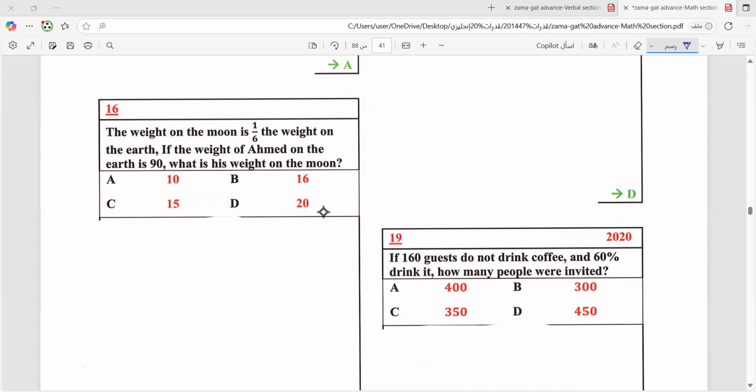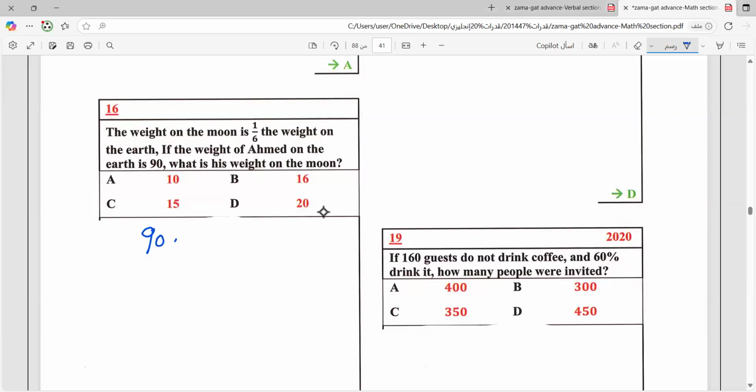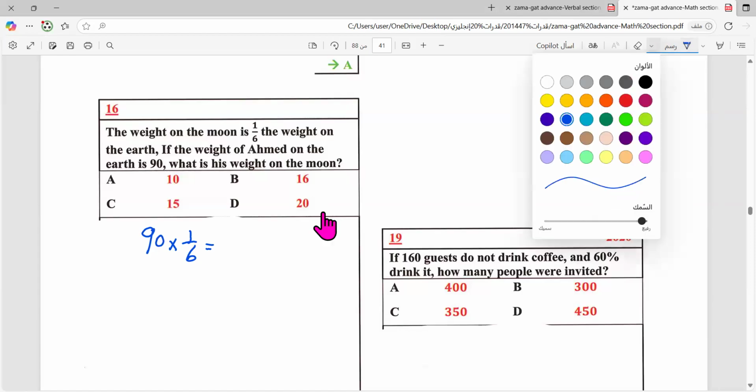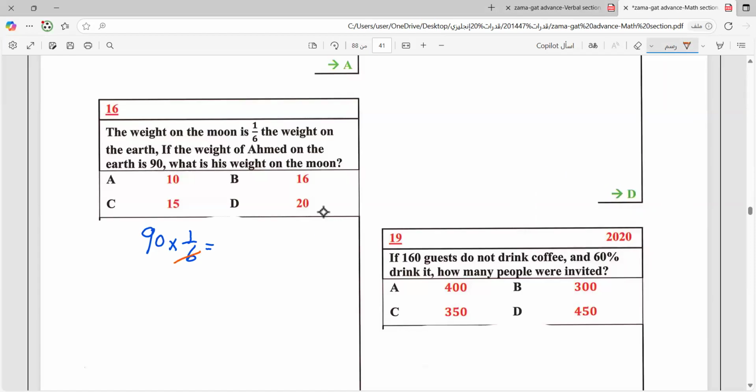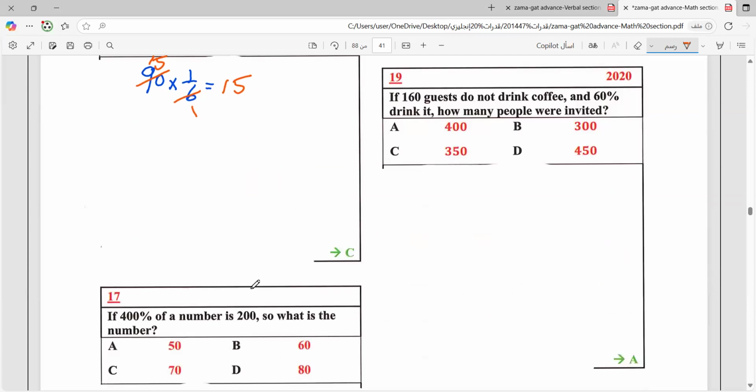So now we have 90. What is his weight on the moon? So we multiply 90 times 1 over 6, right? Then we simplify, 90 divided by 6 will be 15. So the answer is 15. Clear?